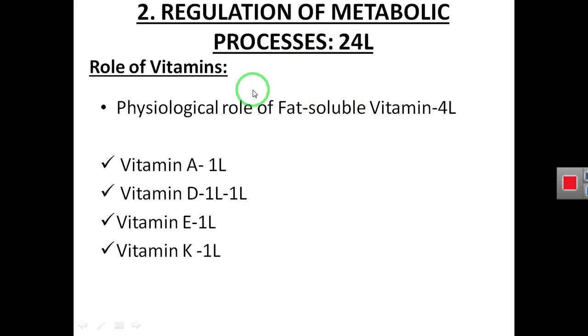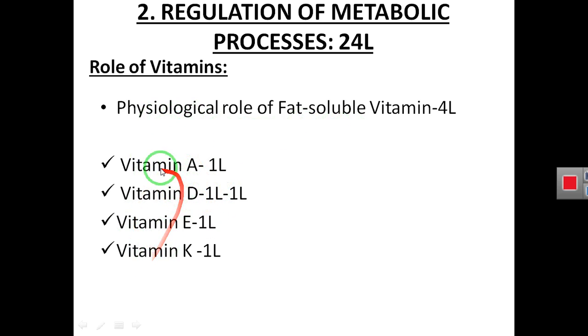So this part will be completed in 24 lectures, and in the very first lecture, the very first topic that we will cover in this part is the physiological role of fat soluble vitamins.